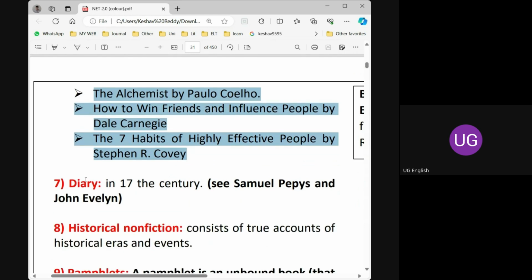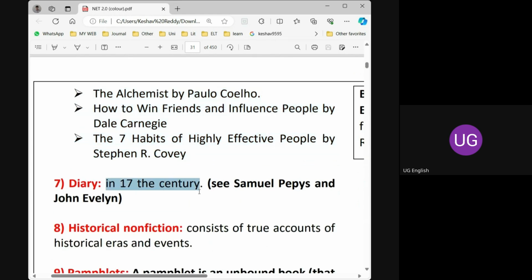And diaries are very important. In the 17th century, we have two diaries, by Samuel Pepys and John Evelyn. These two writers are very important. The Pepys diary and John Evelyn's diary, very, very important.